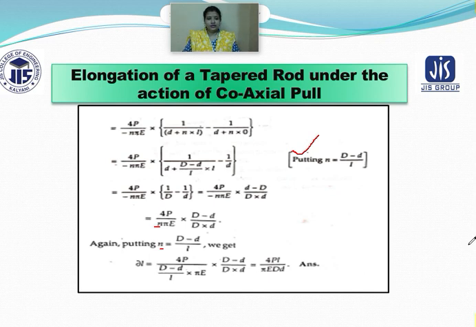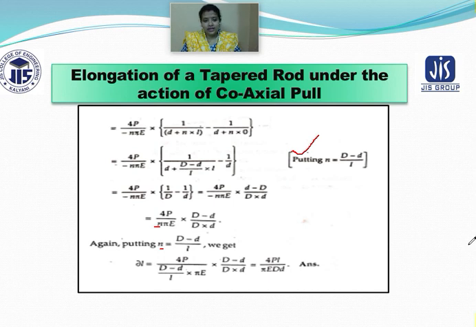So for elongation of a bar under coaxial force, the change in length is equal to P into L by A into E, but the same equation is not applicable for elongation of a taper rod under coaxial pull.